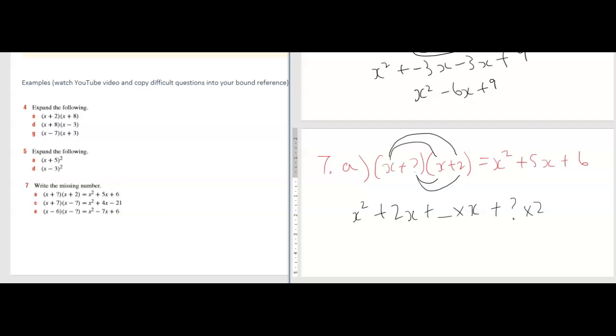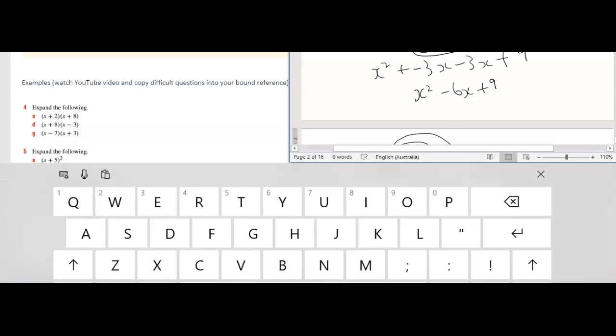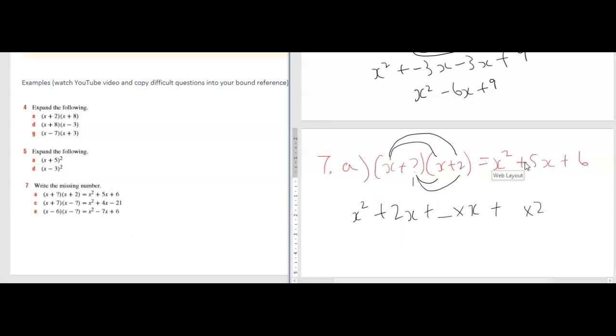So basically, because I didn't use a question mark before, I might just do a line with that. Bye-bye, go away. Okay, so basically, you're going to say, well, this part here is going to equal 6. So that has to equal 6. And this part here has to equal 5x.